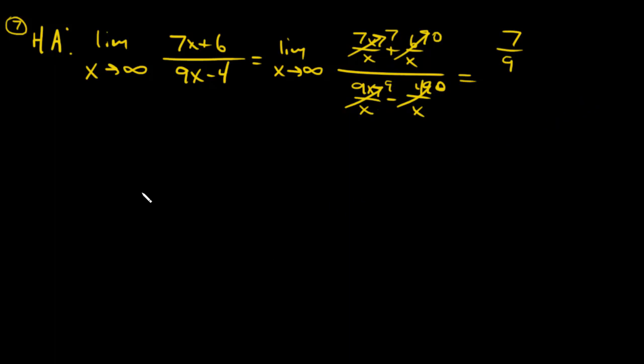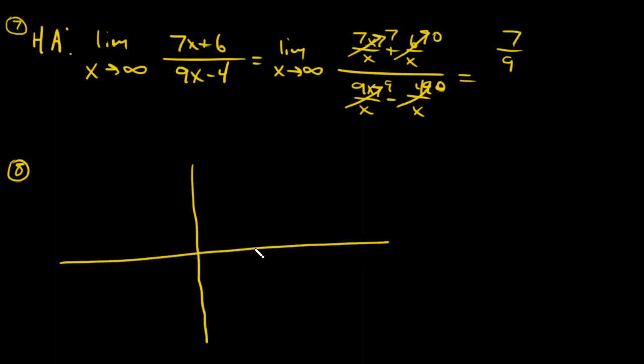All right. So now we can graph this thing. I need to take my discontinuities, graph every one of them. So I have a vertical asymptote at what, 4/9? Is that right? Yep, 4/9.